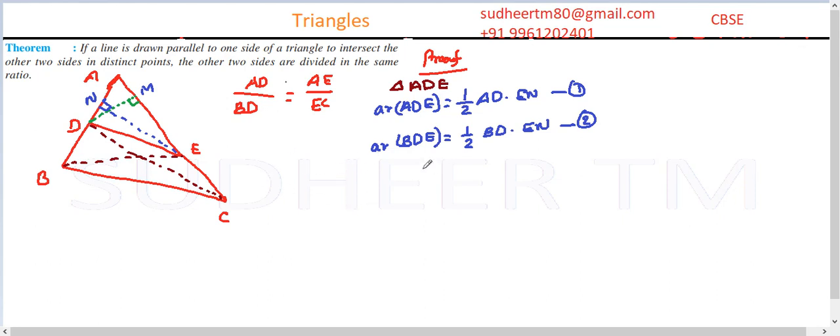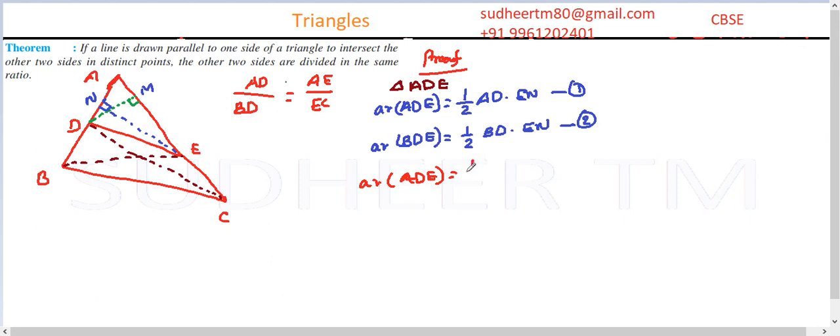I am writing here area of ADE is equal to half of AE into... Even though it was the same triangle in the first equation, we took AD as the base. Now, for the same triangle, we are taking AE as the base. That's the difference. First we took the same triangle ADE with AD as the base side. Here we are taking AE as the base side.